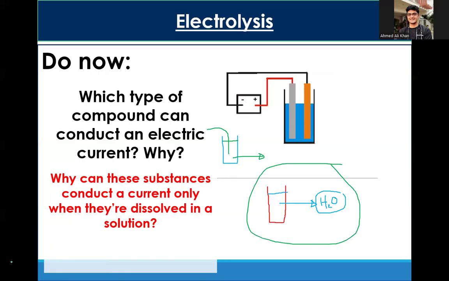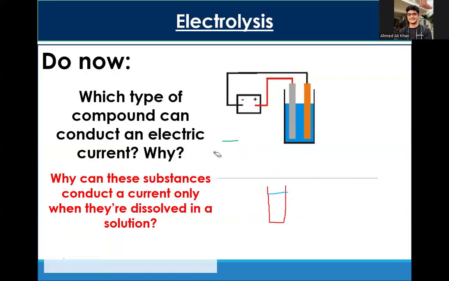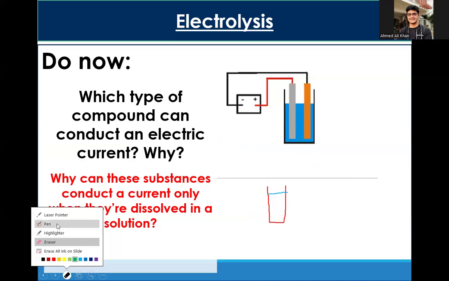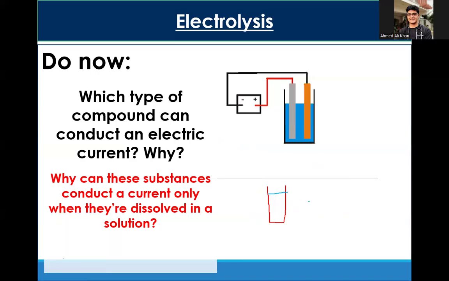Now, what will happen if I just dissolve some salt in this water? If I put a teaspoon of sodium chloride, the table salt, in this water, and I whirl it around and mix it up, solid sodium chloride will turn into its aqueous form.